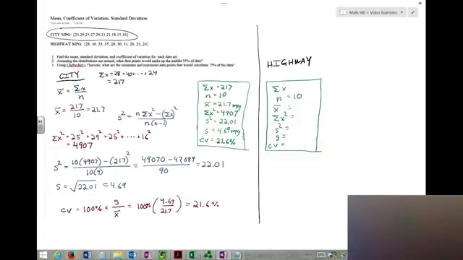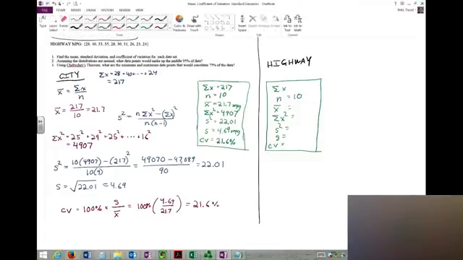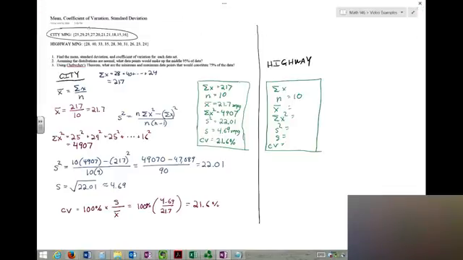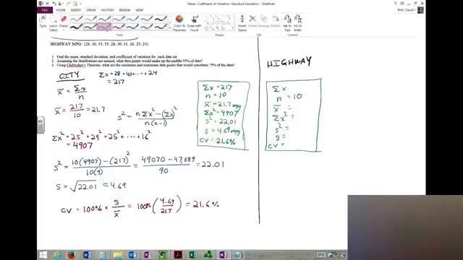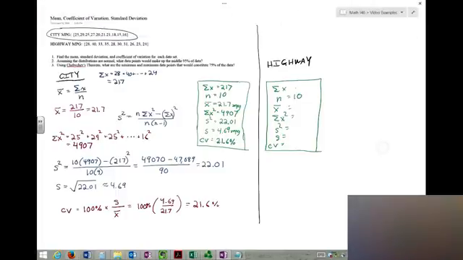Okay, so let's see how you did. For the sum of the data, and I'll fill in some of these things here, you should get 298. So 298 divided by 10, that would be 29.8 miles per gallon for highway. If we add up all the x squareds, we should get 9,124.